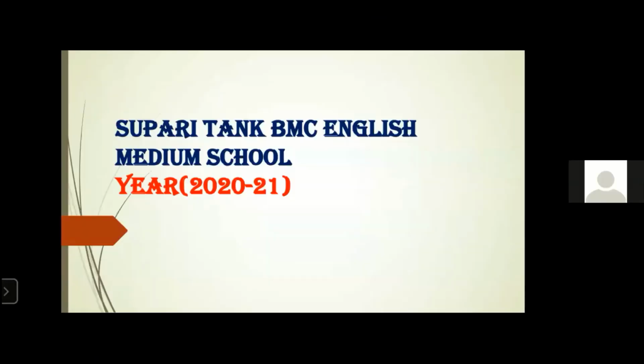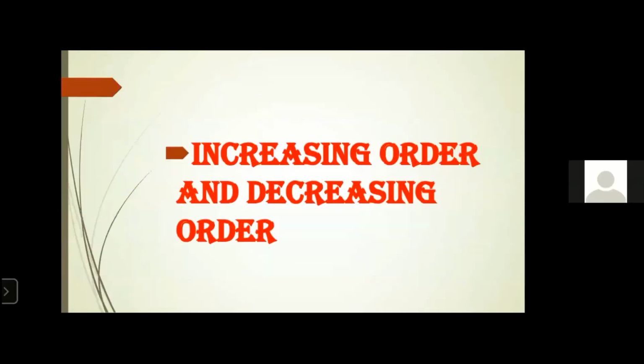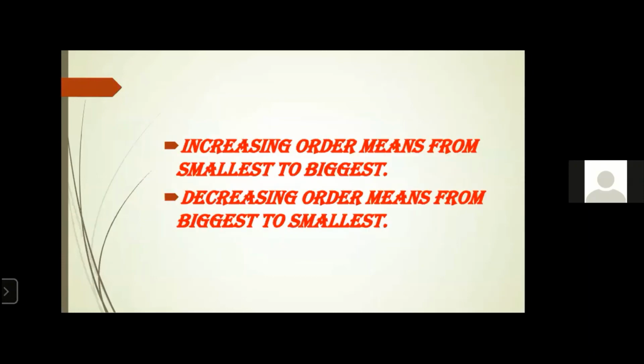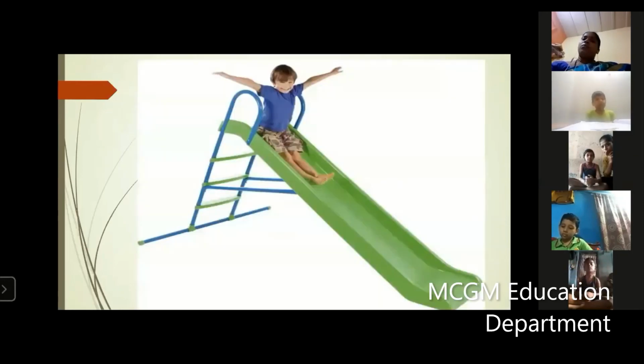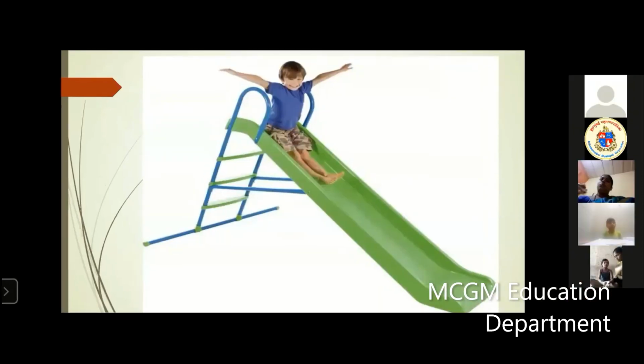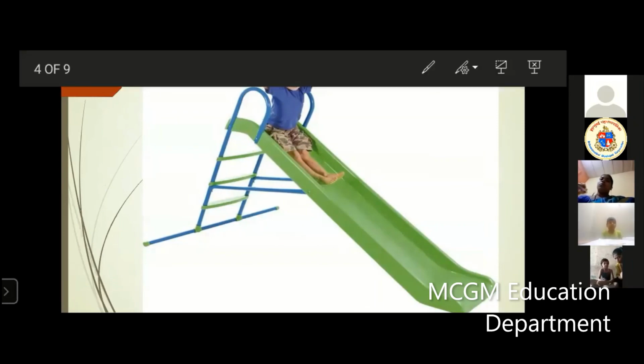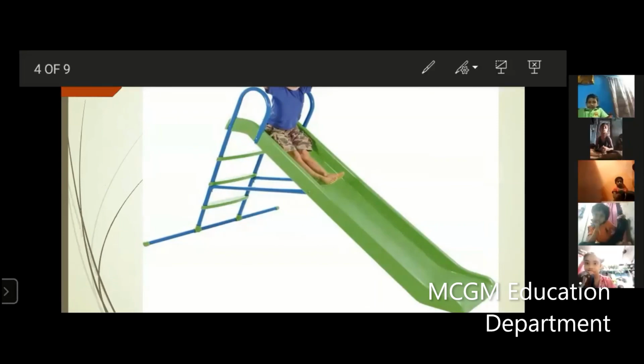Okay, children. So, today we have learned increasing order and decreasing order. Increasing order means from smallest to biggest, and decreasing order means from biggest to smallest. See, here you can see a slide. At one side of the slide, we climb up, and at the other side, we come down. So when we climb up, that is increasing order, and when we come down, that is decreasing.